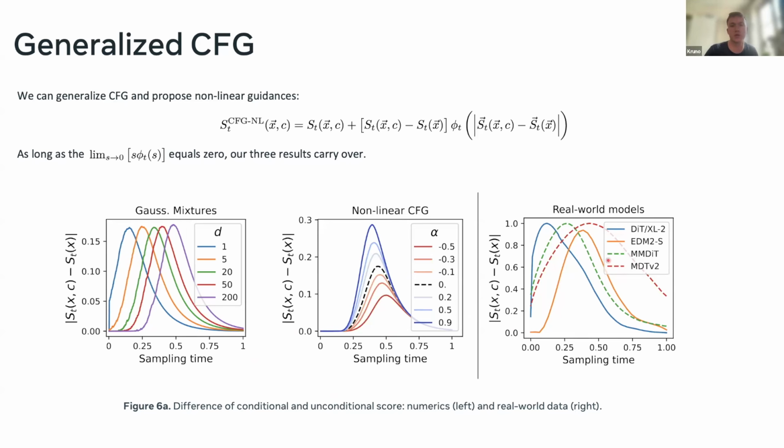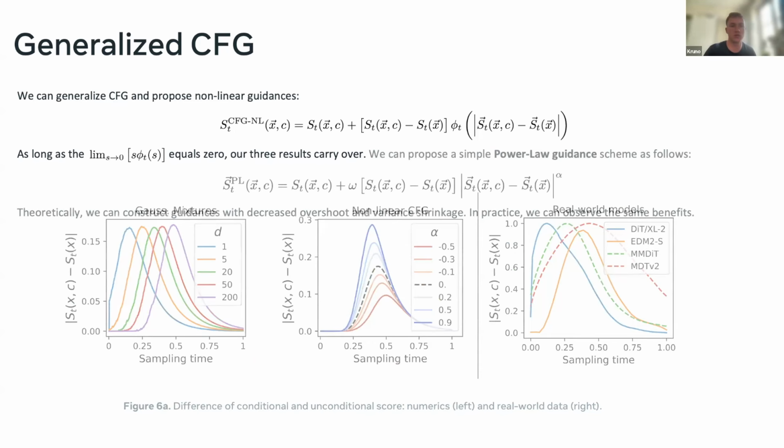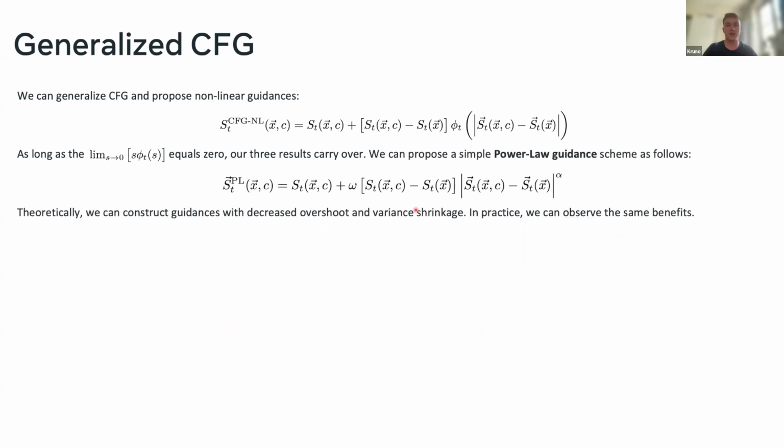One thing we also did is analyze these curves for class conditional models like DIT and EDM from NVIDIA, and also two text-to-image models that have a very similar architecture to Stable Diffusion. And we observed very similar behavior. So we said, okay, let's take the simplest possible form that's going to satisfy this requirement, and let's just raise this score difference to the power of alpha.